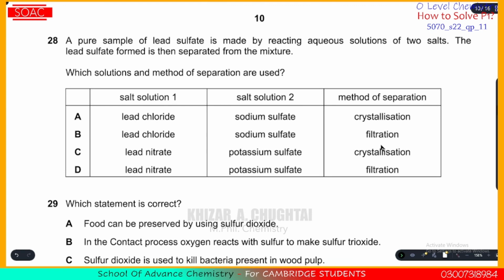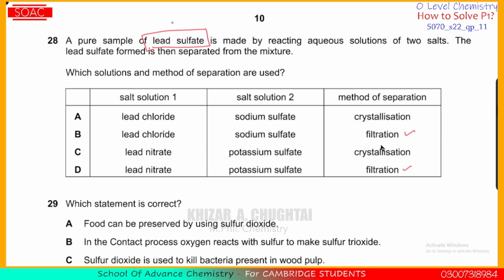Come towards question number 28. A pure sample of lead sulfate is made by reacting aqueous solutions of two salts. The lead sulfate formed is then separated from the mixture. Which solutions and method of separation are used? We are supposed to make lead(II) sulfate, which is an insoluble salt, so we are going to do filtration as the method of separation.